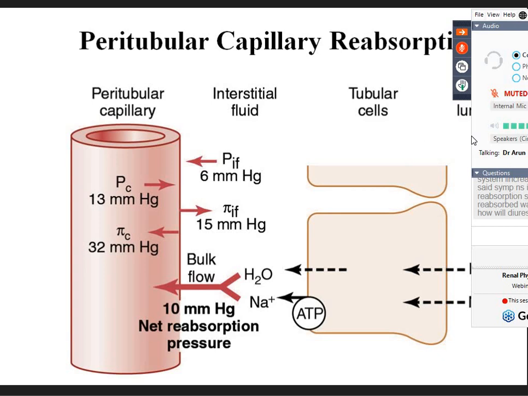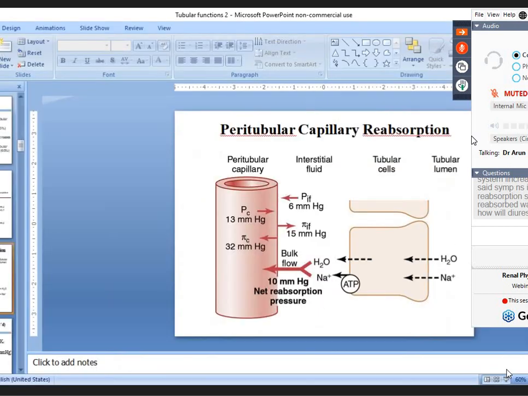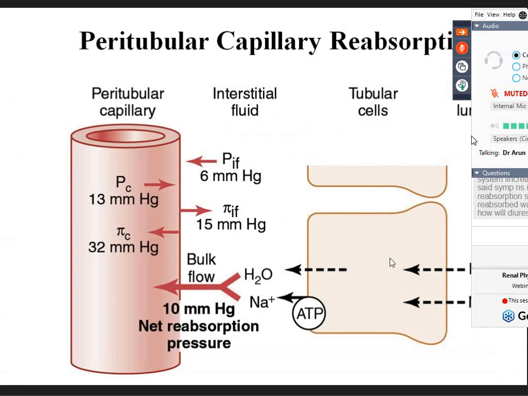See, it's very clear that substances are reabsorbed from the lumen into the cell and from the cell into the interstitial fluid. So whatever osmolarity is being developed here is due to these substances. These substances which are reabsorbed raise the osmolarity, and these are the same Starling's forces which we have studied in GFR.